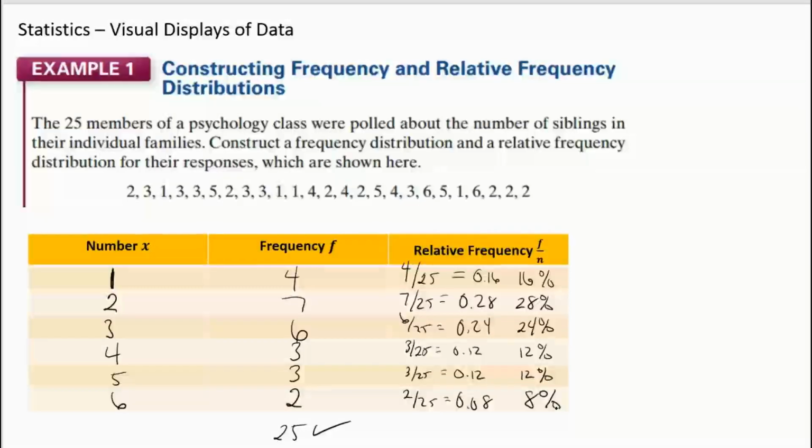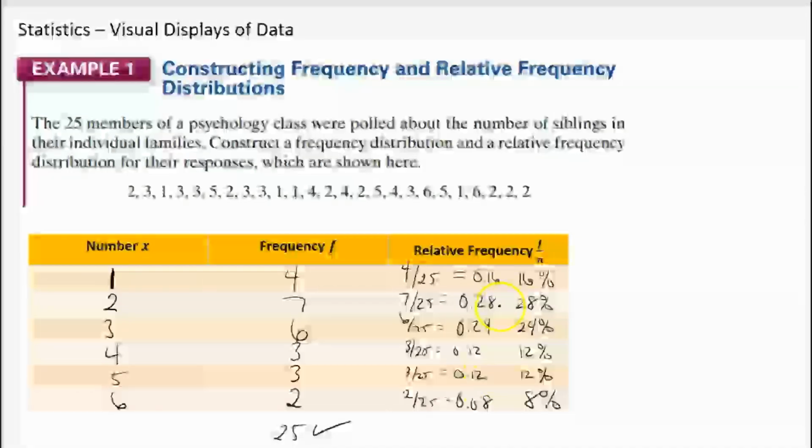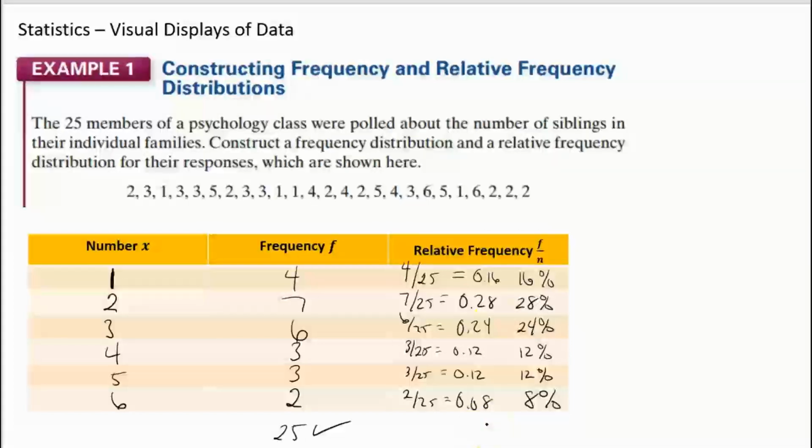Now my question to you is, what should this percentage total to be? 100%, right? Everything. These are like probabilities right here: 0.16, 0.28, 0.24, 0.12, 0.12, 0.08. You see what I'm saying? But when you change them to percent, it adds to 100%.